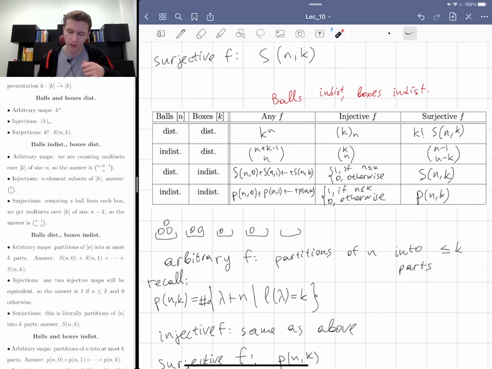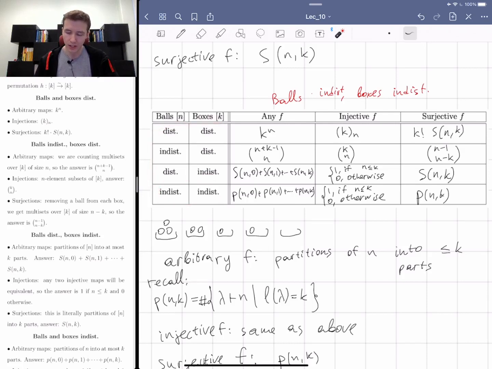There's a lot of problems where you have to divide kids into a bunch of groups in some sort of ways. So just go through as many of them as you need to make sure you can right away count the number of ways to place balls into boxes with all these different restrictions.